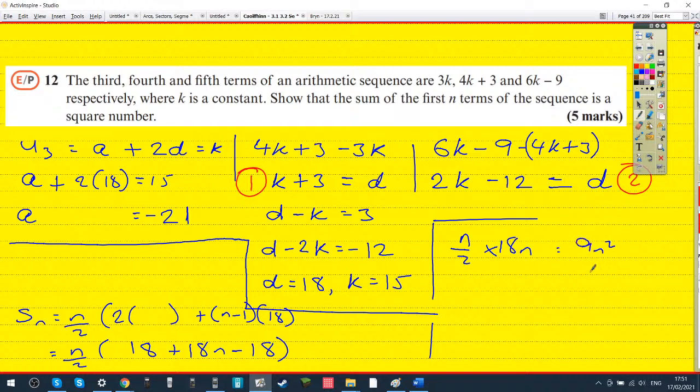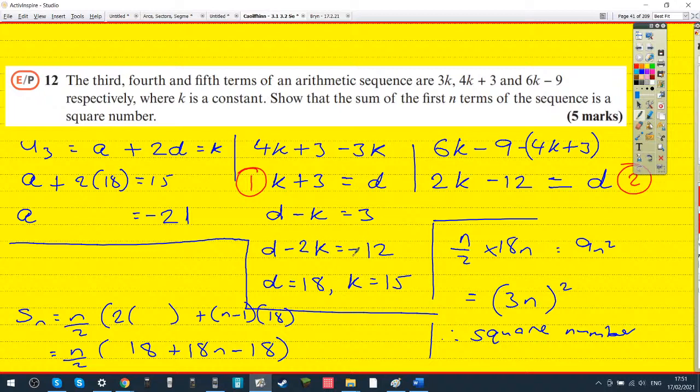Yeah, 9n squared. What squared gives you 9n squared? 3. That gives you 9. We want 9n squared? 3n. Yes. That is equal to 3n squared. Therefore, it's a square number. It's 3 times, whatever n is squared. So it's always going to be a square number.